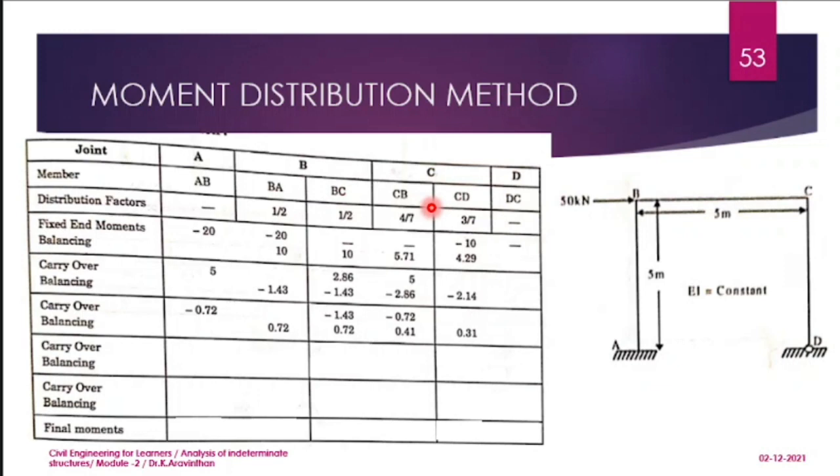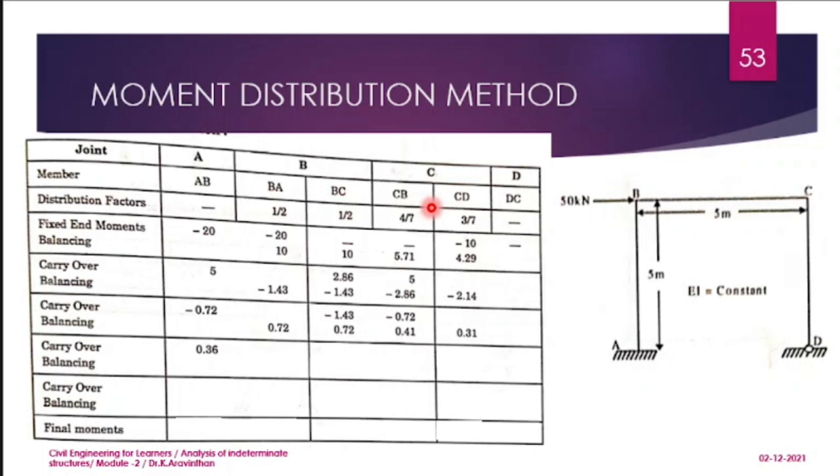See, now you are nearly going into 0 point values. So after the next balance and carryover, you will be getting 0.0. You can stop the iteration. Make the carryover here.